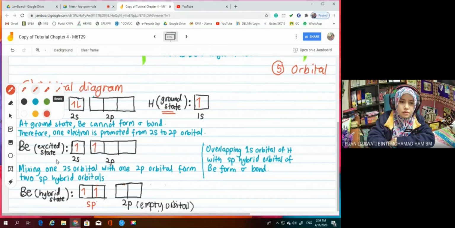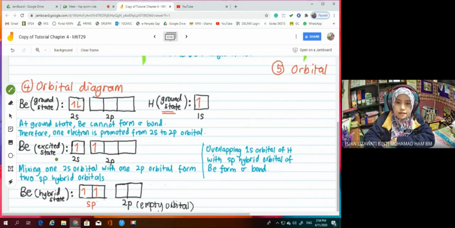Now we can clearly see that the sigma bond is formed between the 1s orbital overlapping with the sp hybrid orbital of beryllium. You can write the explanation like this: overlapping of the 1s orbital of hydrogen with the sp hybrid orbital of beryllium forms a sigma bond.